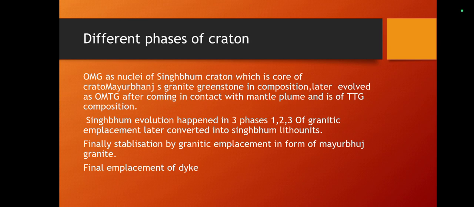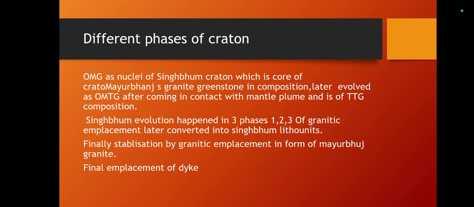Later this craton evolved as the OMTG, older metamorphic tonalitic gneiss, which got formed by the interaction with the mantle plume of the OMG formation.